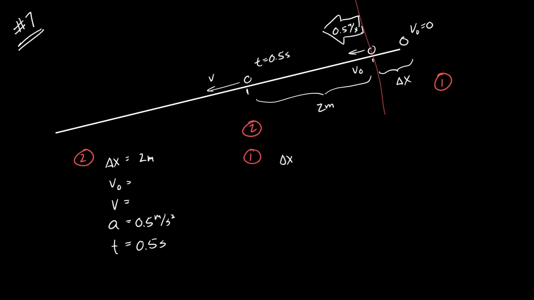Before that happened, though, the ball was released from rest. It will also accelerate at 0.5 meters per second squared. But I don't have any other information except I want that. Now, I can solve for anything I want that's left over here because I have 3 pieces of information.